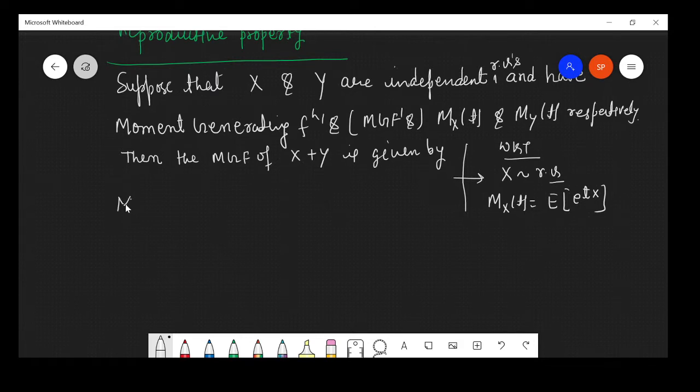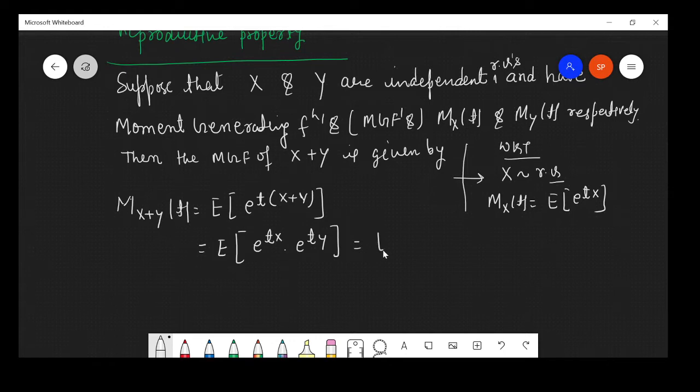Now the moment generating function of X plus Y at t is the expectation of e to the power t(X plus Y). This equals the expectation of e to the power tX times the expectation of e to the power tY.